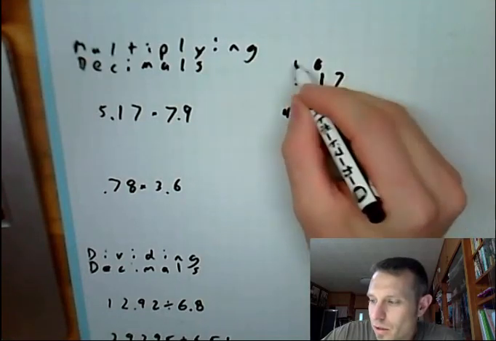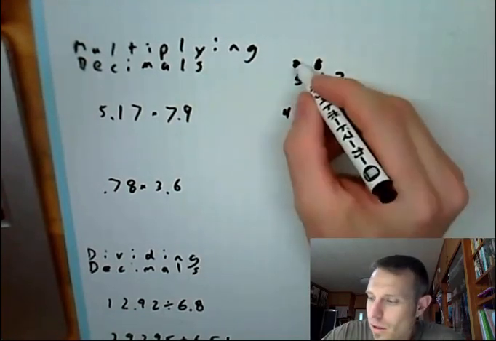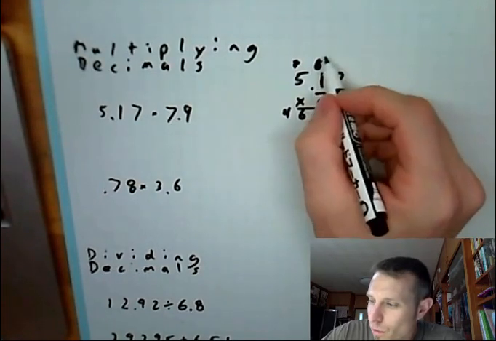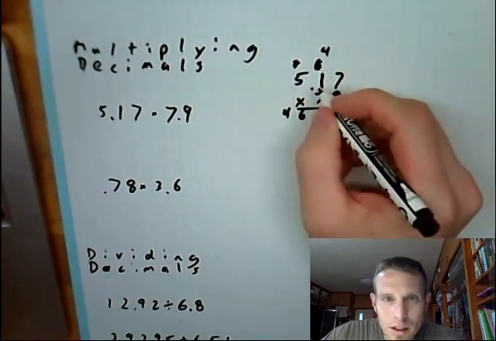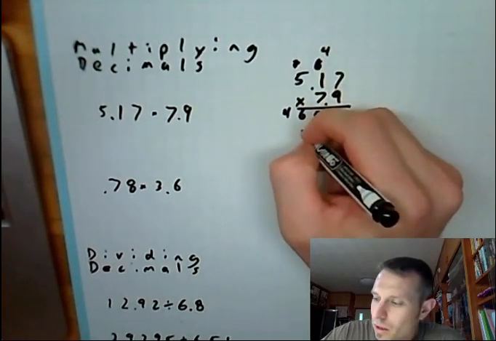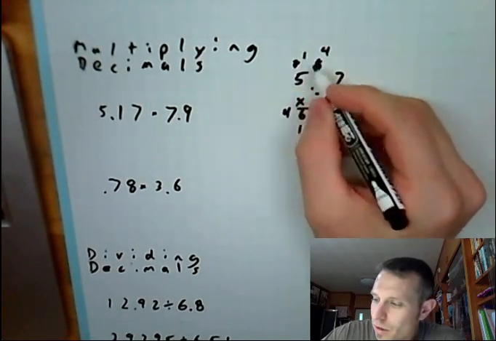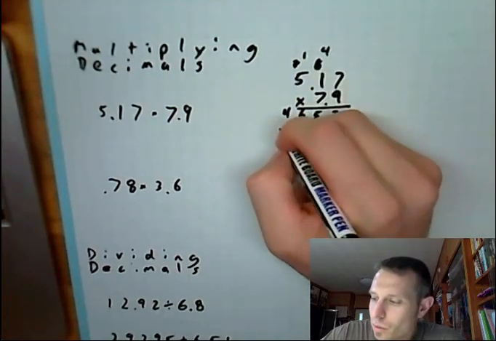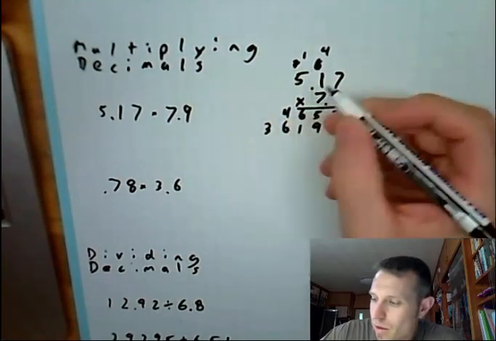And now I'm going to cancel this out so I don't get confused and do the second part. 7 times 7 is 49. 7 times 1 is 7, plus 4 is 11. And 7 times 5 is 35, plus 1 is 36.